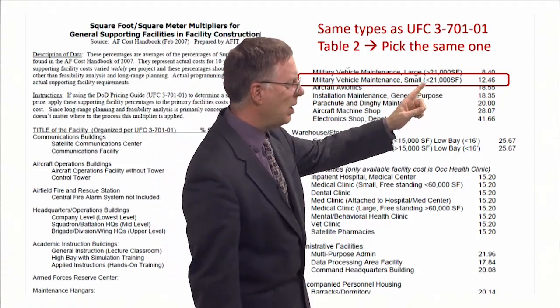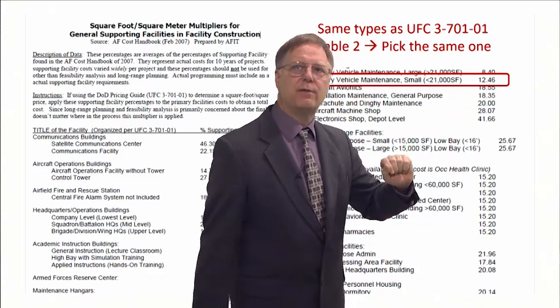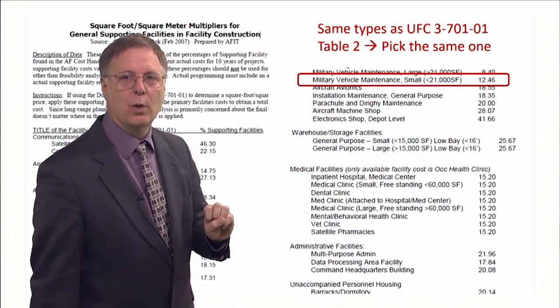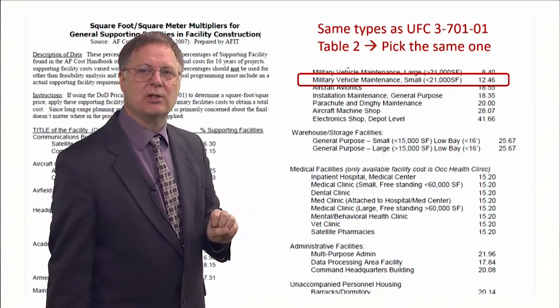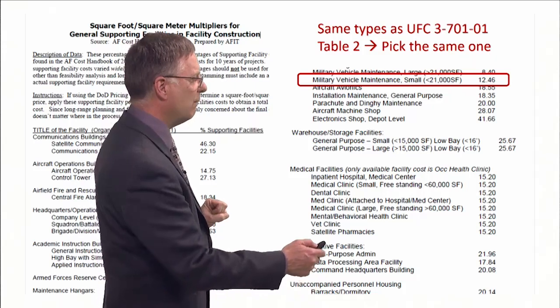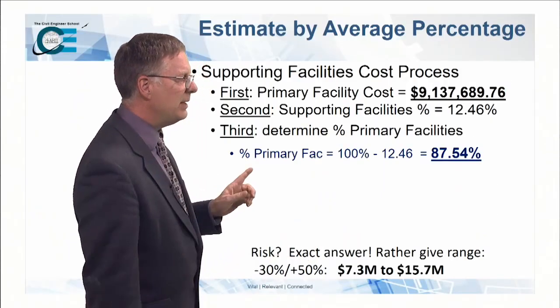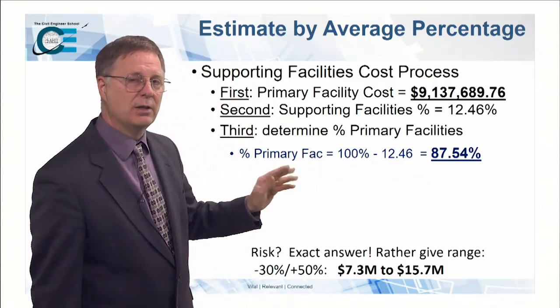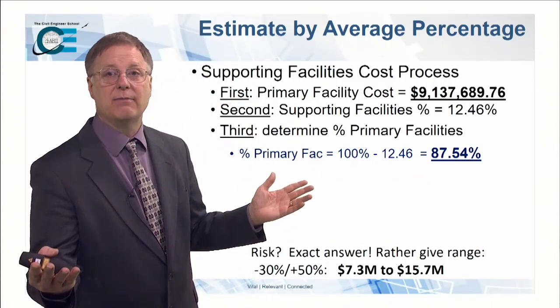We find out that the figure is 12.46, the average percentage of supporting facilities for a small vehicle maintenance facility. So we take 100% minus 12.46, and our primary facility percentage is 87.54.